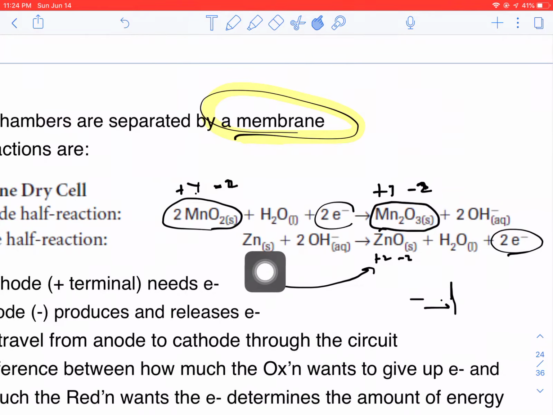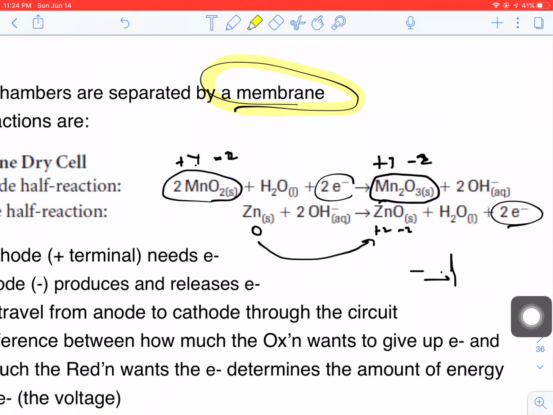As long as I'm not using the battery, the electrons will stay here and they won't try to leave. It's only when I complete the circuit and allow the electrons to move from the zinc cell to the manganese cell that the reactions happen, which means the battery will start losing reactants, manganese dioxide and zinc, until they're gone.